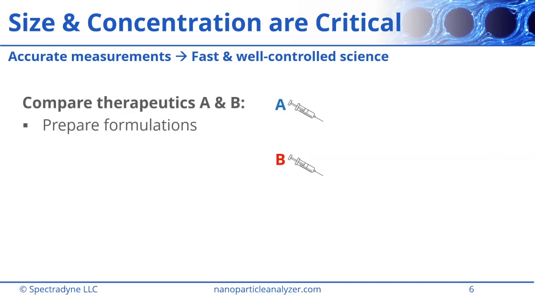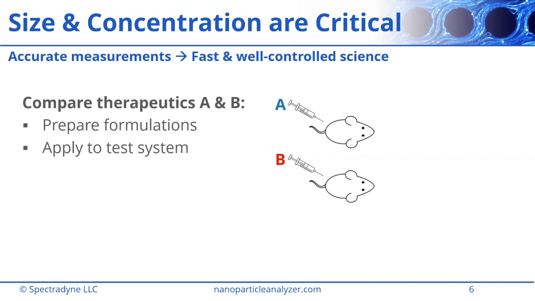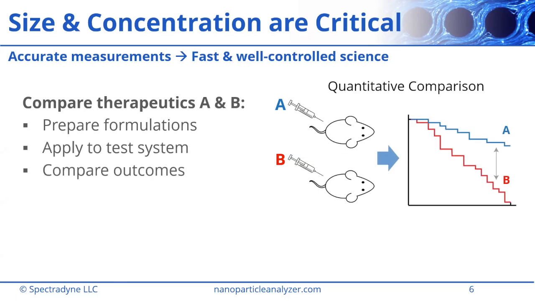Suppose you have developed 2 different therapeutics, A and B, and you want to compare their efficacy, right? Which one is better? So we start by preparing the 2 different formulations. We apply them to a test system. Maybe it's an animal model, or maybe it's in vitro cell culture. And then we compare quantitatively the results from the 2 different formulations.